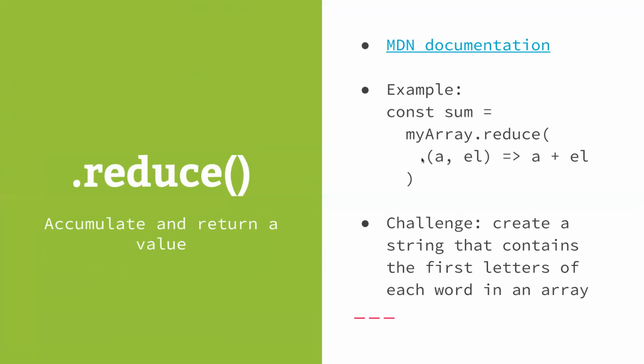So my accumulator will start as 0, and the first element is 1, and it's going to return 1. So now that's going to become my new accumulator. And then now we have the accumulator 1, and my element is 2. So now my new accumulator is going to be 3.